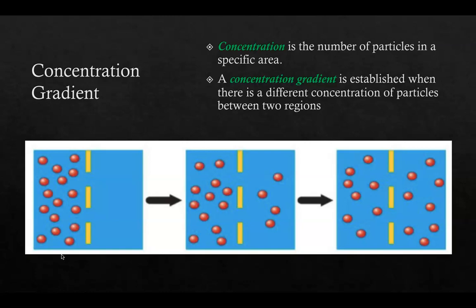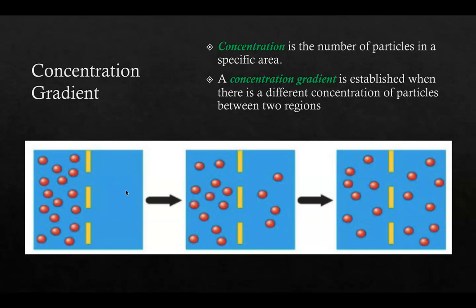When we say the word concentration, it simply means the number of particles in a specific area. And if you add in a semi-permeable membrane to separate two regions from each other, anytime there is a difference in the number of particles across that membrane in those two different regions, then we have what's known as a concentration gradient. And that's what we have happening in cells.